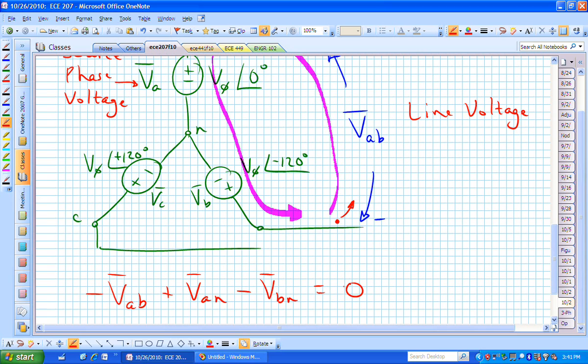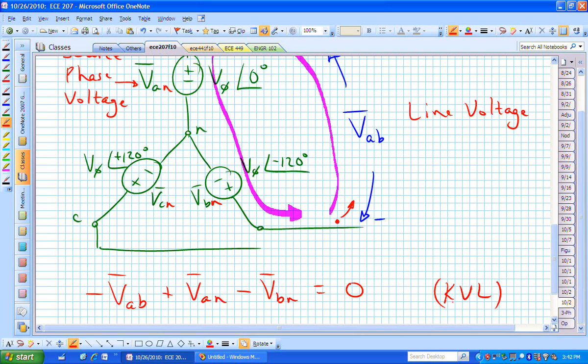Maybe I'm getting sloppy and just calling those V sub A. Maybe I should double subscript those and say that's V phasors sub BN, sub AN, etc., to make it a little bit more clear. Any questions on where that came from? This was simply from KVL.